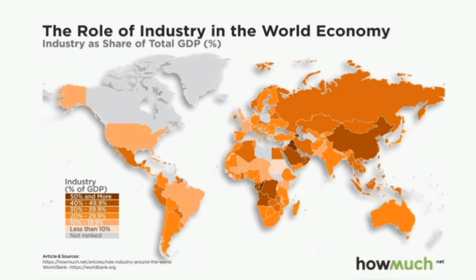And if you see industrially, then there are countries like China, like Iraq, like Mexico, and India, Australia. In South Africa, there are countries based upon industry, and also European countries are based upon industry.